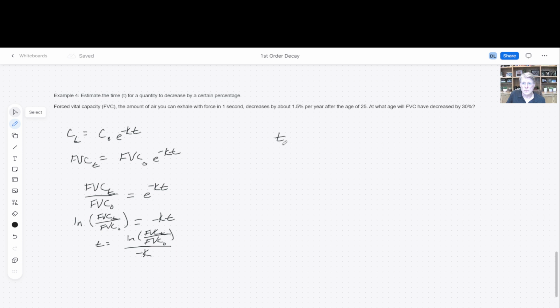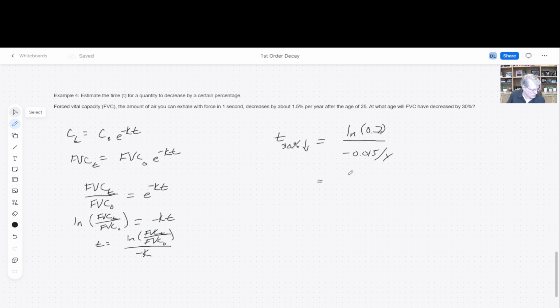So let's plug in those values. t for a 30% decrease is going to be equal to the natural log of 0.7 over negative 0.015 per year.